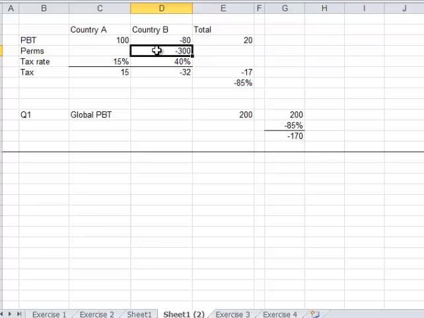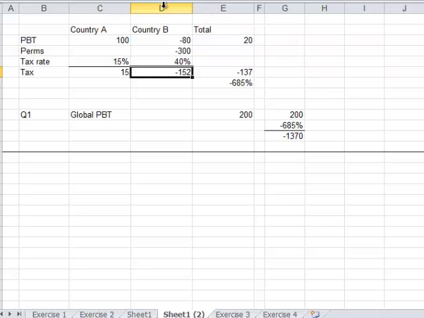I know that's not that, but let's say that it's that. So in fact, our taxable loss for the year is going to be $380. So if we had $380 of book income plus perms, and we multiplied that by the tax rate, we would actually have a 152 benefit for the year for country B.